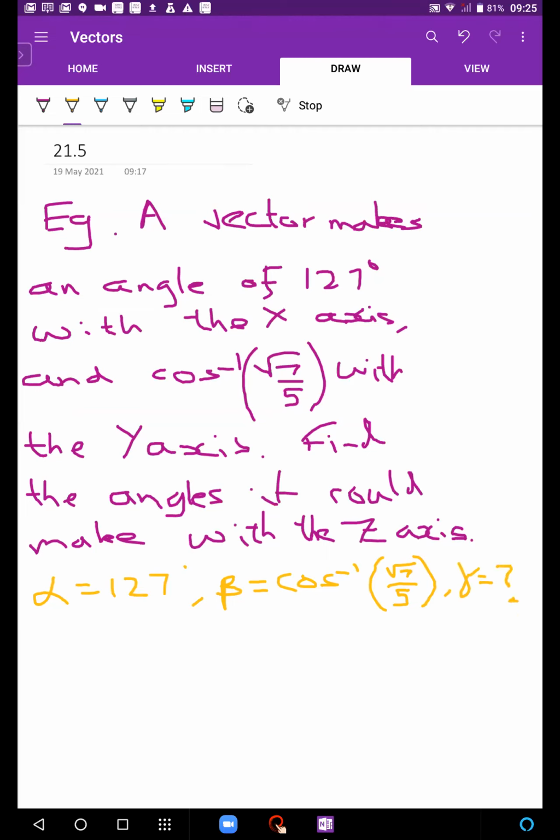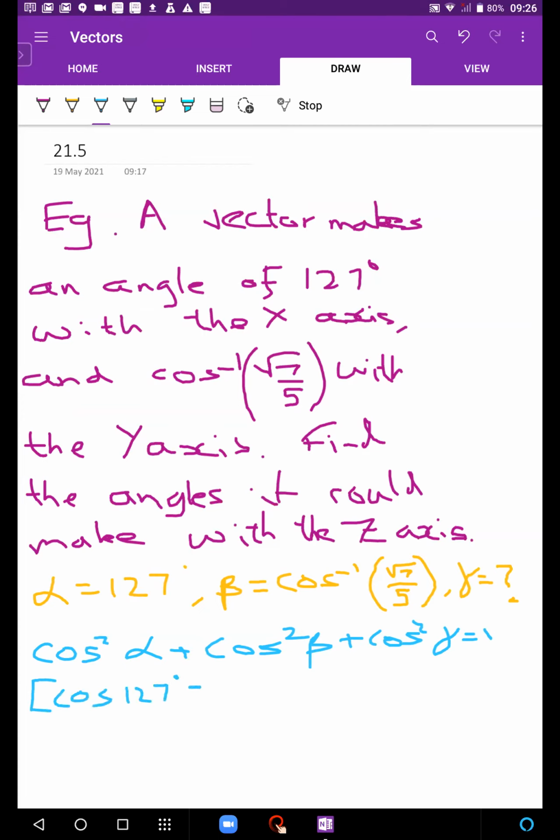Okay. So the equation relating all of them is cos square alpha plus cos square beta plus cos square gamma is equal to 1. Now cos alpha is cos 127 degrees, which is the negative of cos 53 degrees.